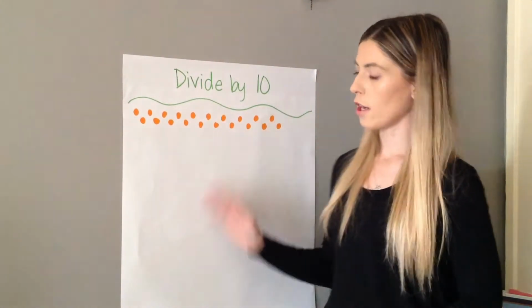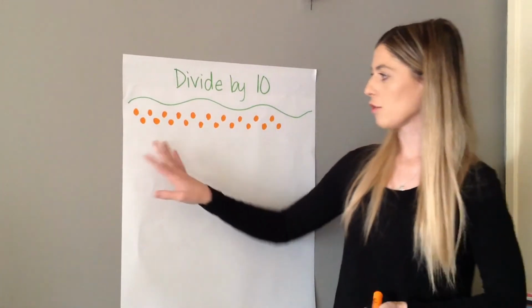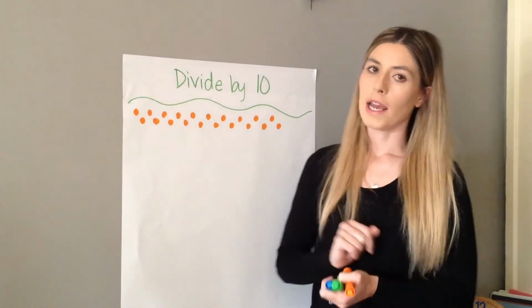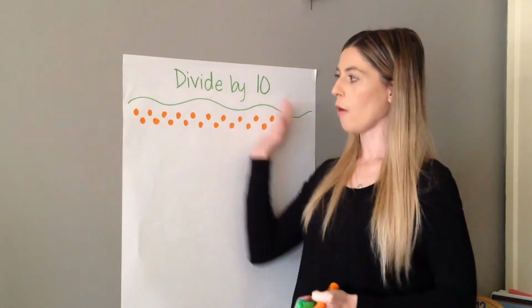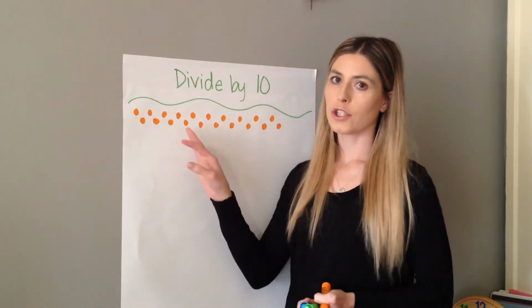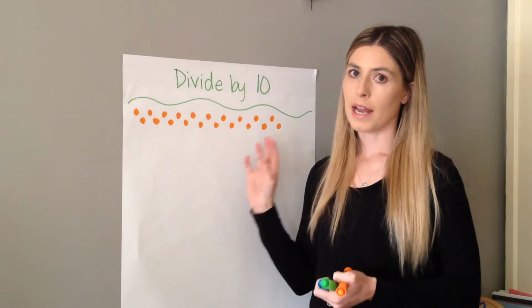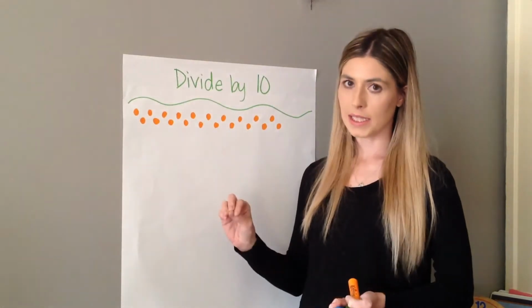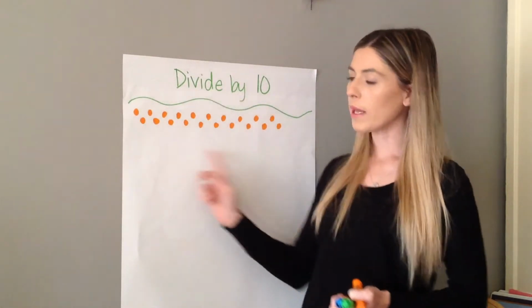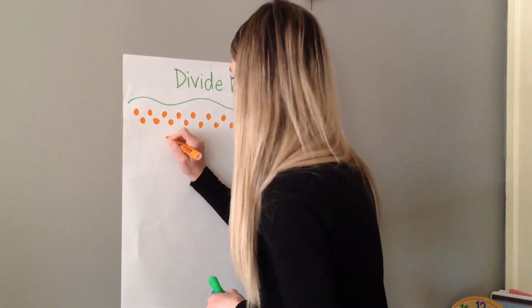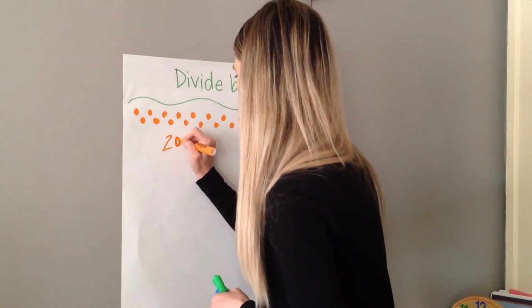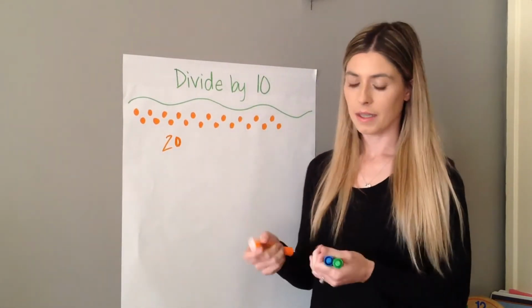So we're going to start out with these dots. I drew 20 dots here, and before when we did multiplication, we didn't know how many dots were there. We just knew how many groups and how many were in each group. This time, we're going to start with knowing the total number, which is 20, and dividing by 10.